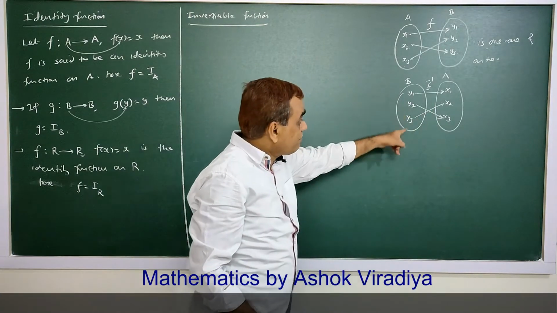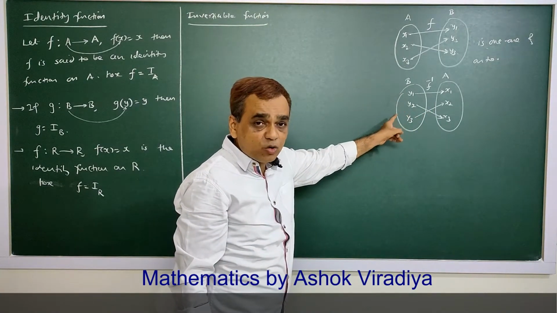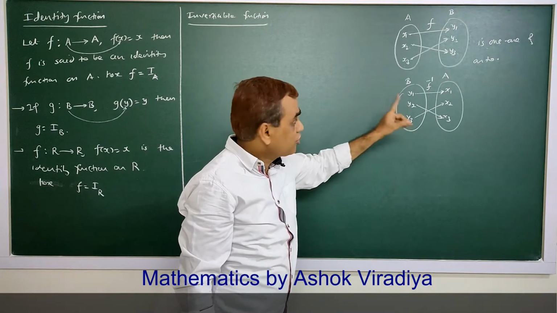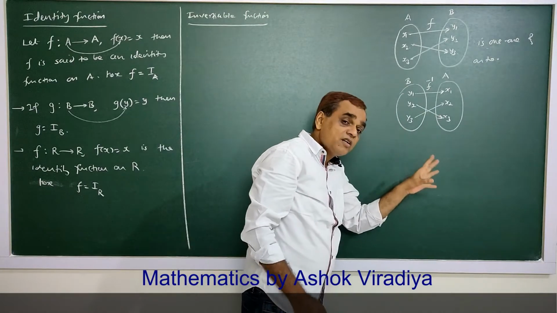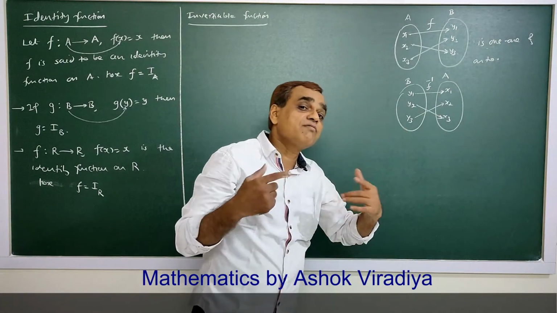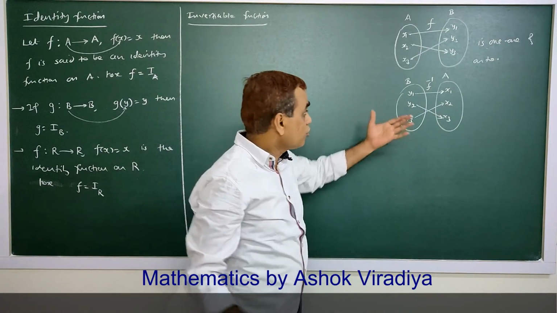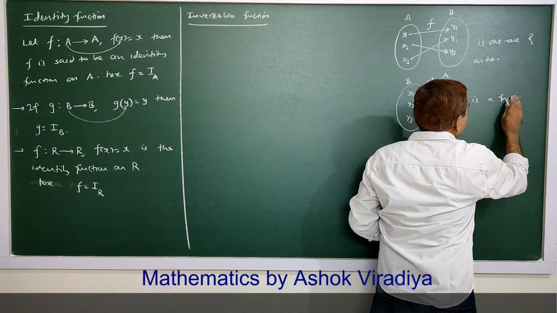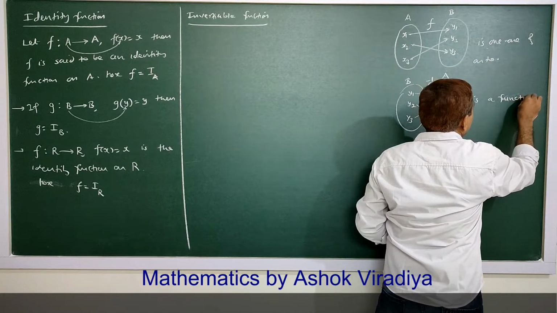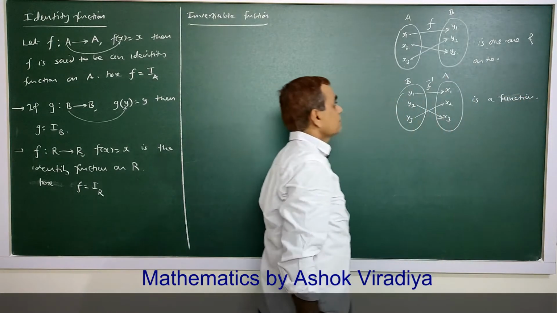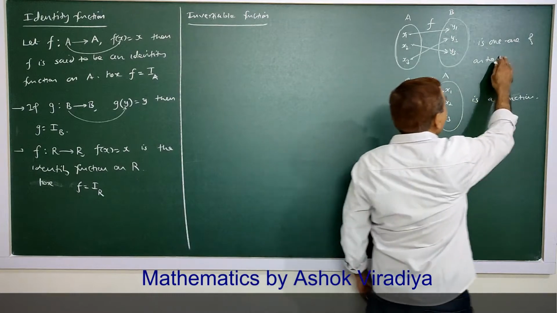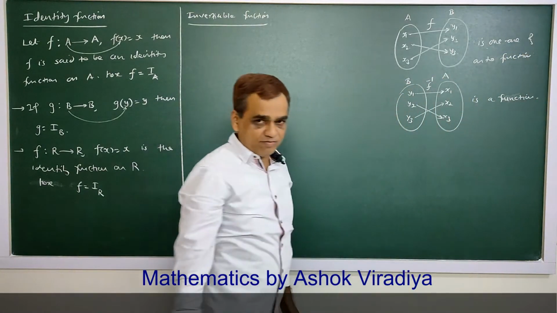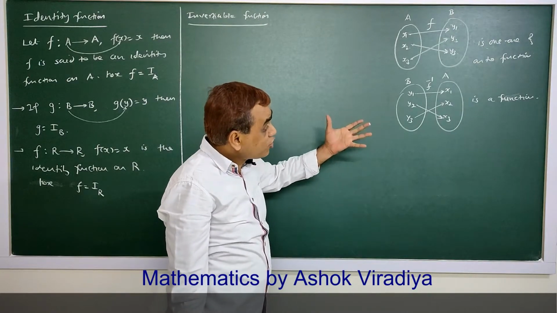No element of this first set is associated with more than one element. So this relation is also a function. This was a 1-1 and onto function, so its inverse is also a function, because its inverse will also be 1-1 and onto.